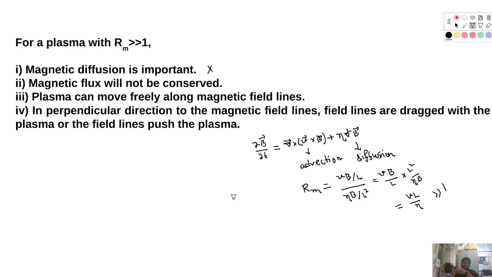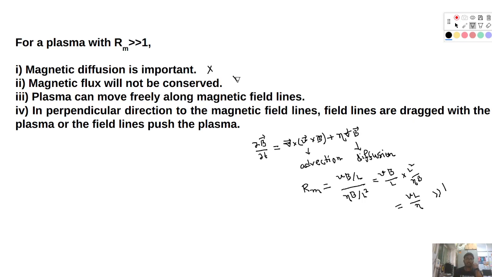So if somewhere your magnetic field lines are very concentrated, the area through which your plasma is going will be very much contracted. So here your magnetic field will increase and the area will decrease, right? In that case magnetic flux will be conserved, in which condition your advection term is important.